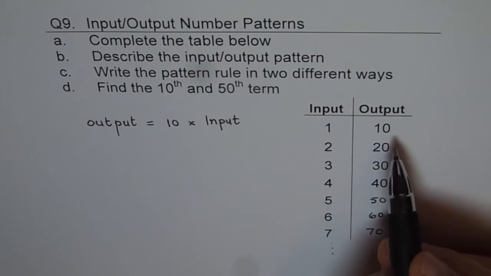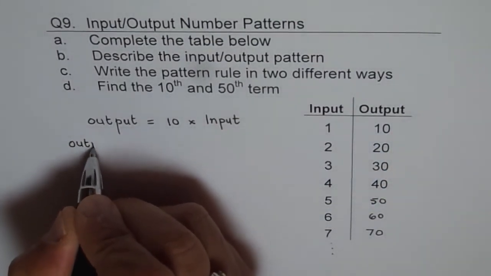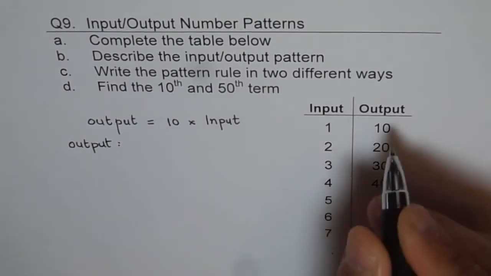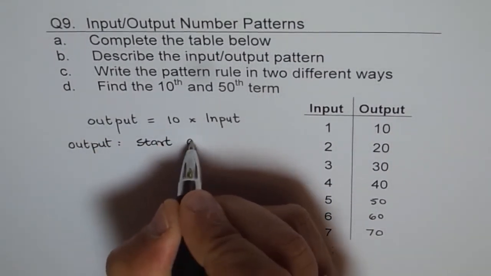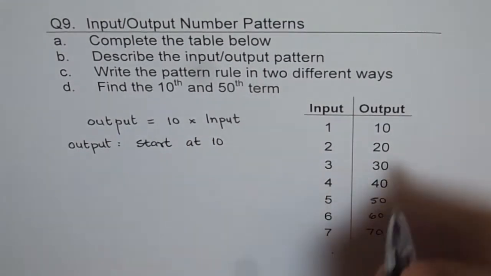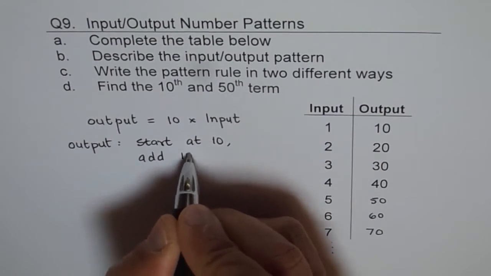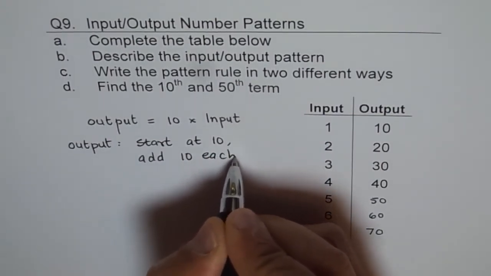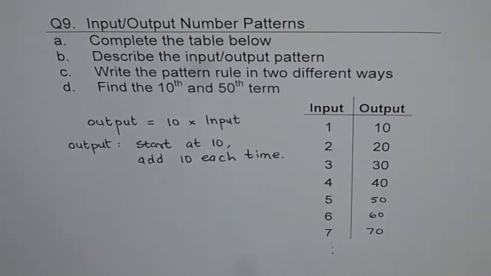For example, for the output you could write: start at 10 and then add 10 each time. That is the pattern rule of output. This is one way of doing it.